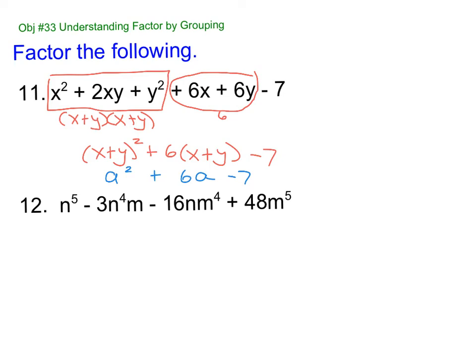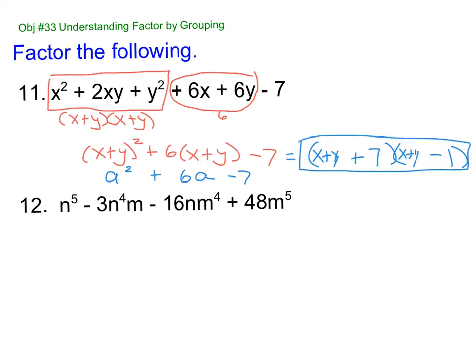That is just a regular MC chart, right? What multiplies to negative 7 combines to 6? That's positive 7 and minus 1, right? But instead of a and a, what is being squared? X plus y, x plus y. Right? So that's pretty tricky. The first time I saw that, I was like, oh wow, I never thought to do it that way.